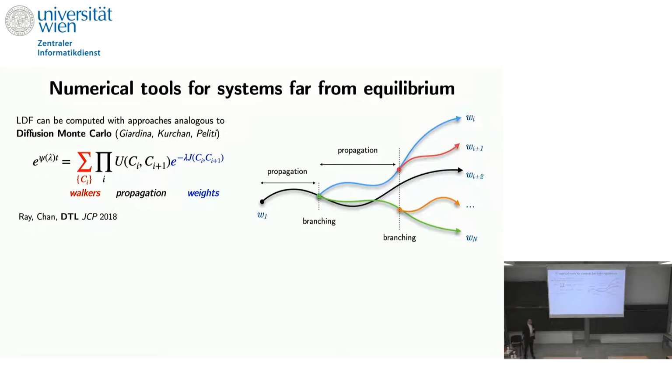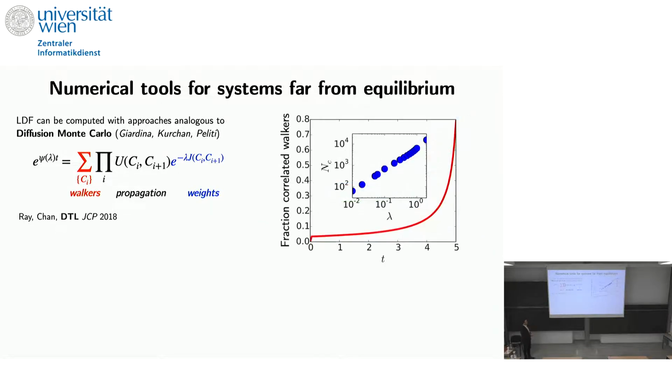It turns out that for lots of the systems we're interested in, just this by itself kind of runs out of steam very quickly. That's because you essentially have to represent potentially exponentially large weights, and to do that accurately requires you to have an exponentially large number of walkers. This is essentially a curse of dimensionality.